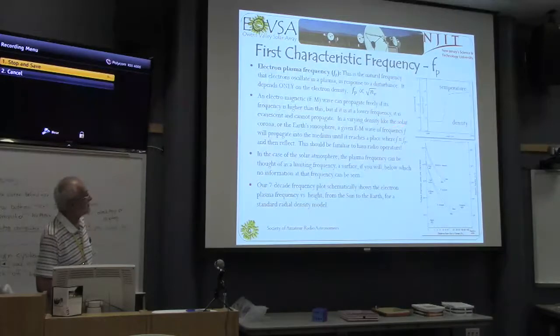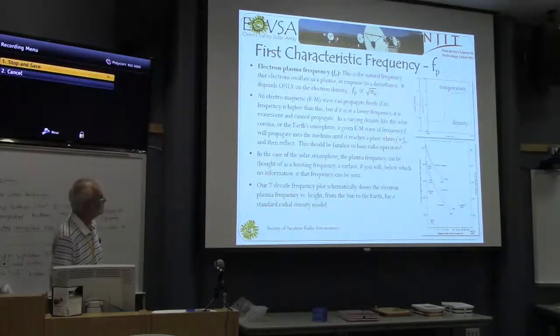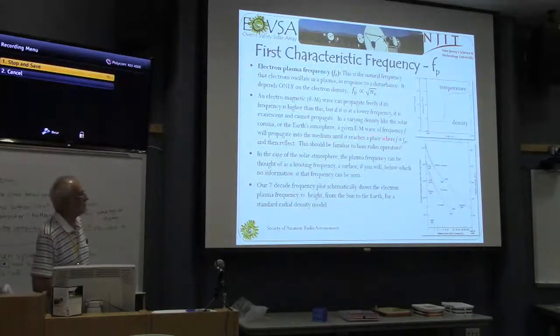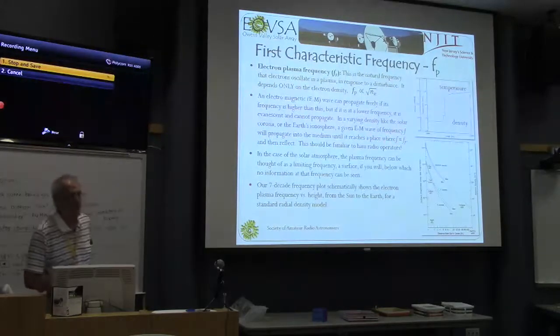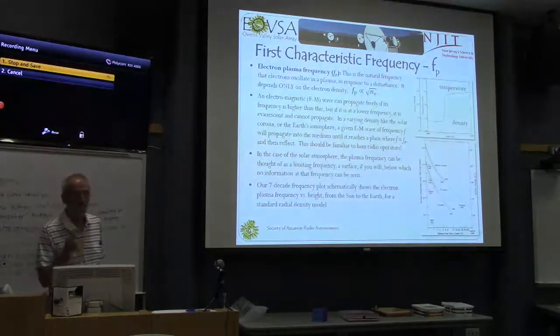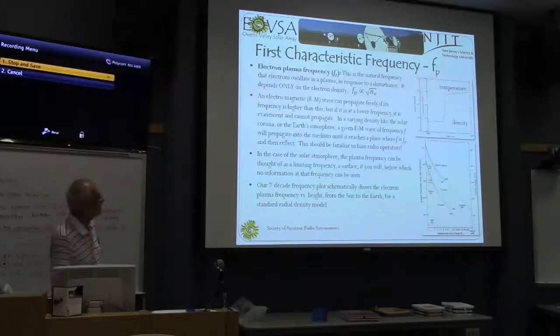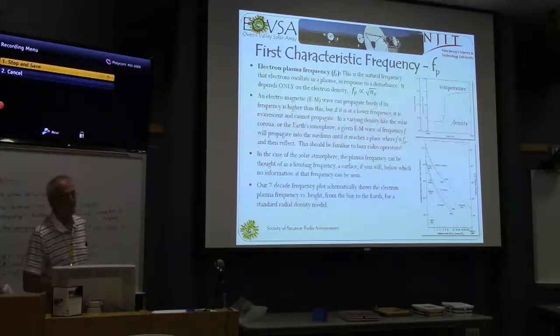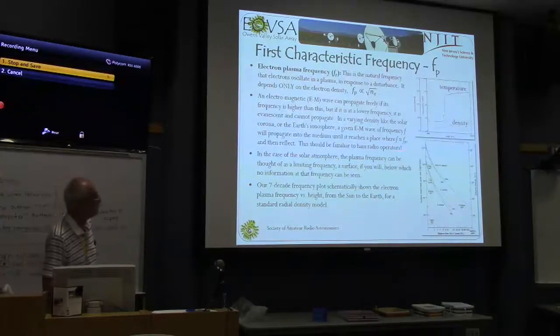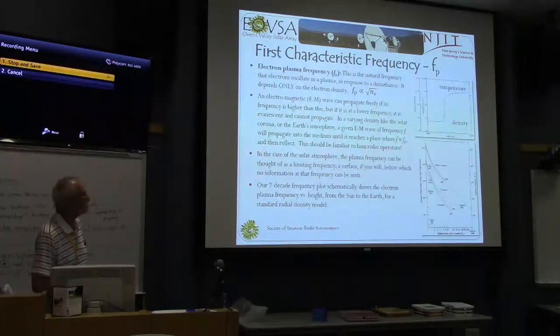In a varying density like the solar corona, or it's also true in the Earth's ionosphere, if you have an electromagnetic wave of a given frequency, it's going to propagate into the medium until it reaches a place where the electromagnetic wave frequency is approximately the plasma frequency, and then it's going to reflect. And of course, many of you are aware of that.